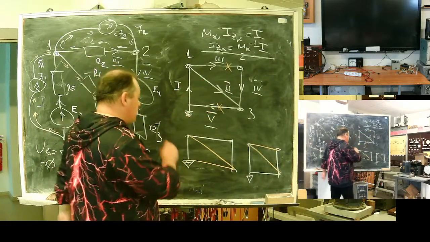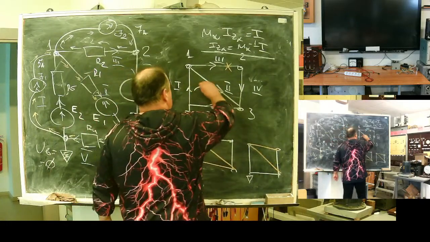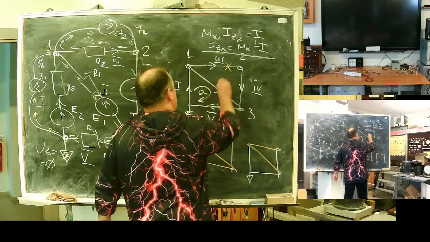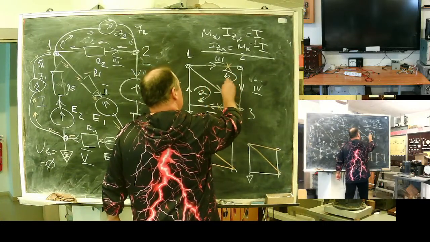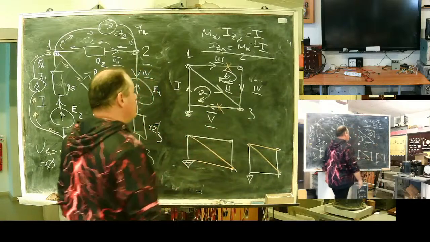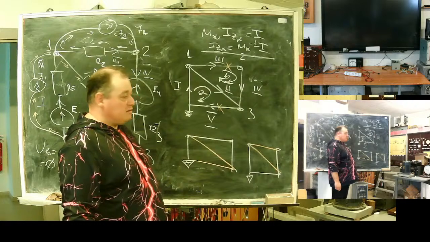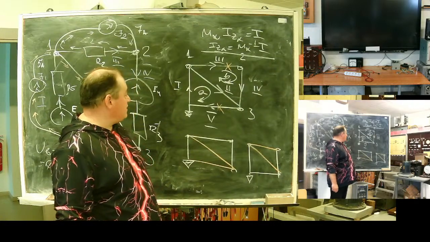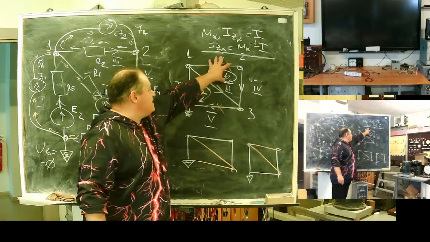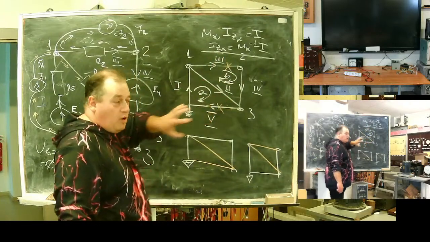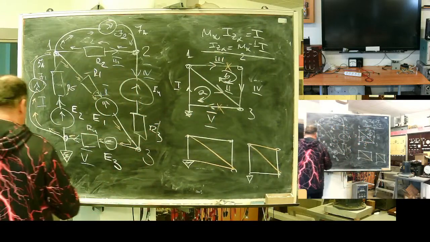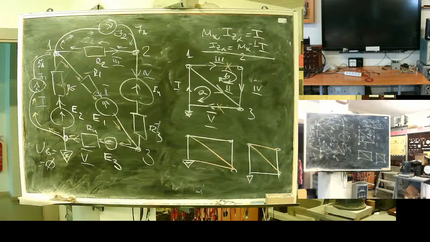So my independent contours, let's say A and B: I need to select contours to hold the currents. Only independent currents in all this tricky thing.